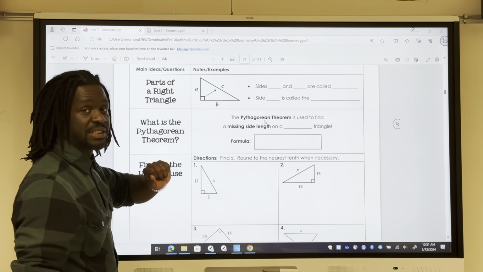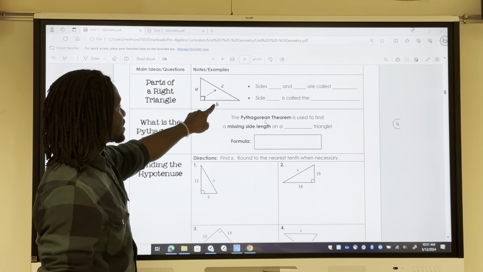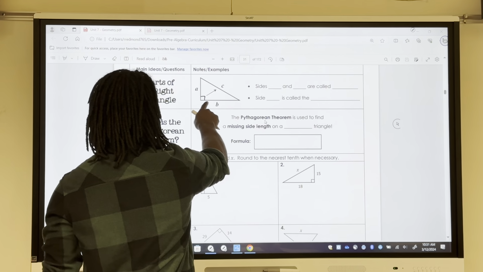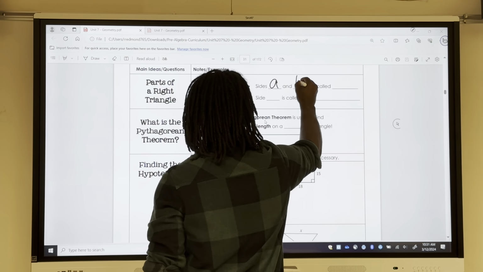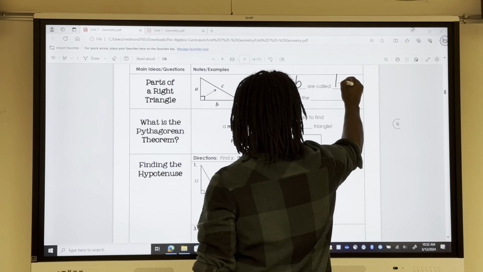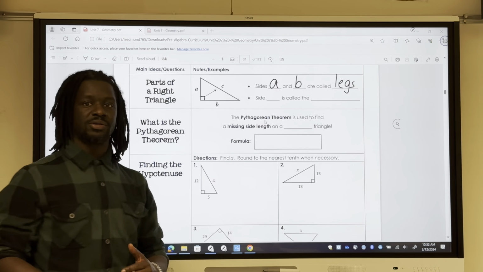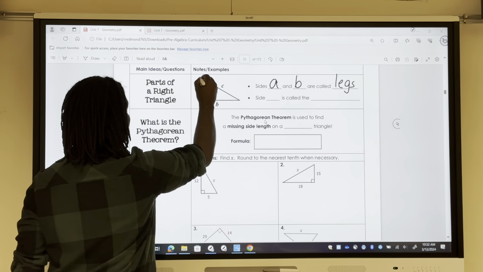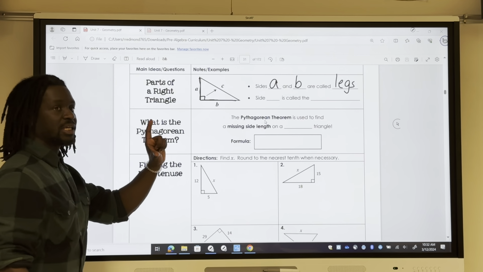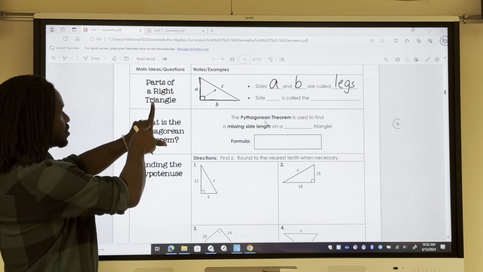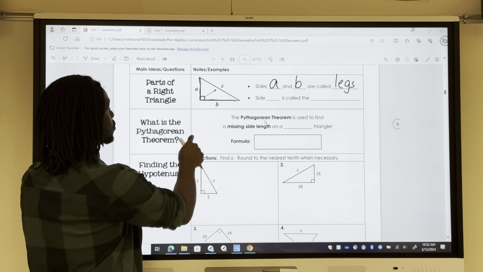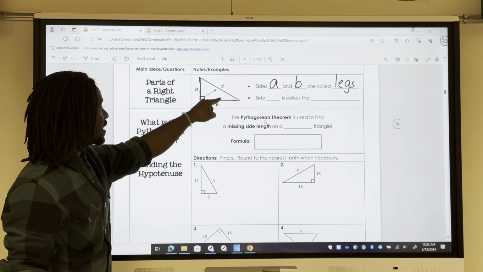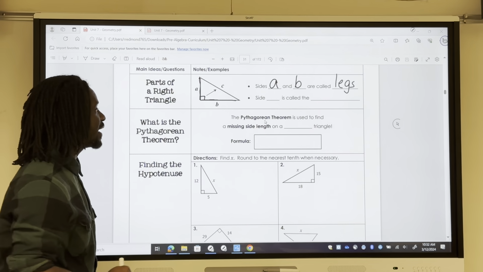And so we have these three sides: side A, side B, and side C, okay? Side A and side B are called legs, the legs of your right triangle. And what I want you to see is side A and side B are always the ones that form the right angle.